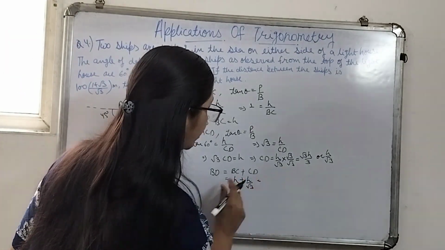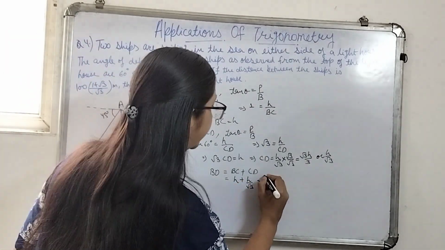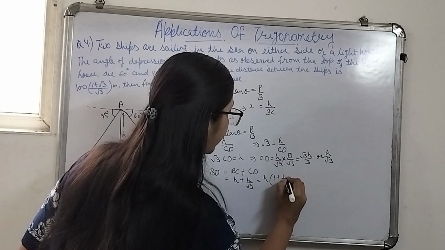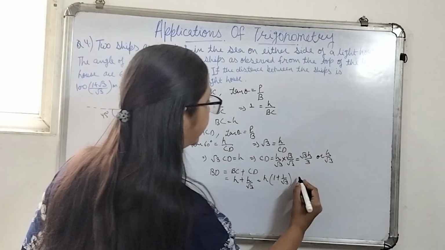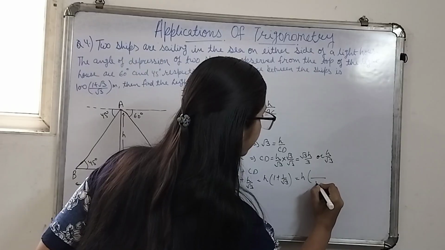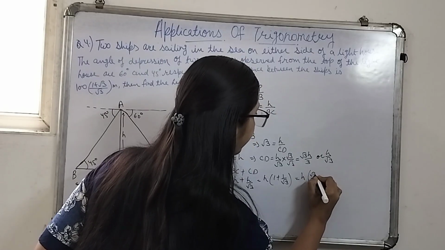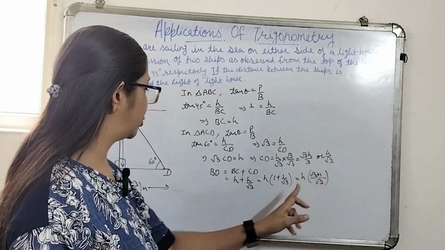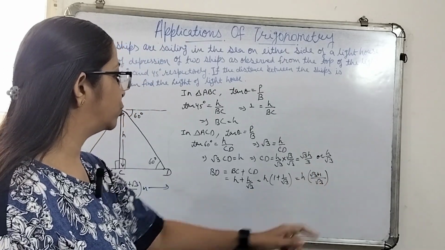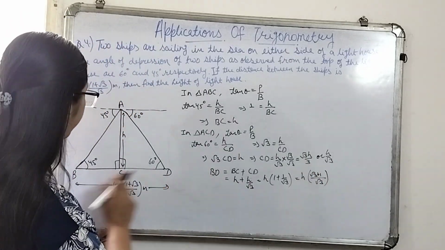Now if we take h common from here, it will be h times (1 plus 1 upon root 3). If we take the LCM over here, root 3 will be the LCM, and the numerator will be root 3 plus 1. So h multiplied by (root 3 plus 1) divided by root 3 is the length BD.